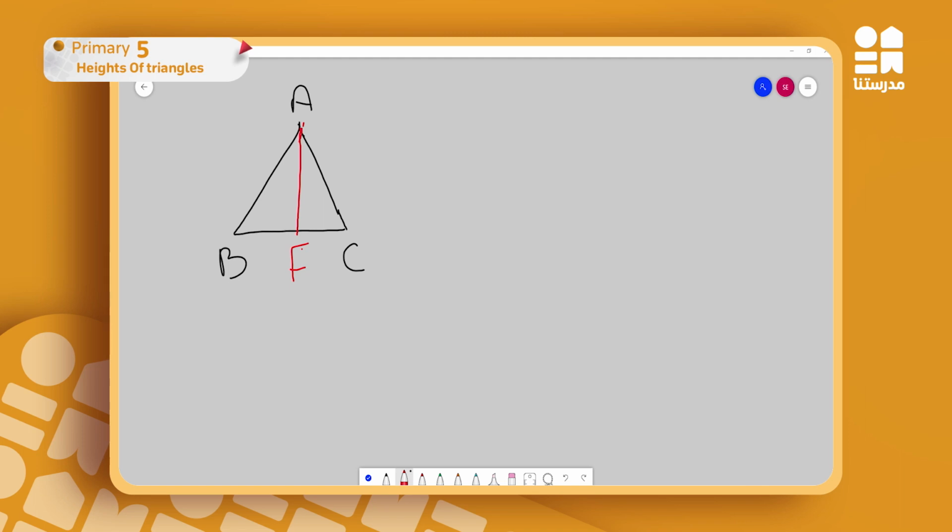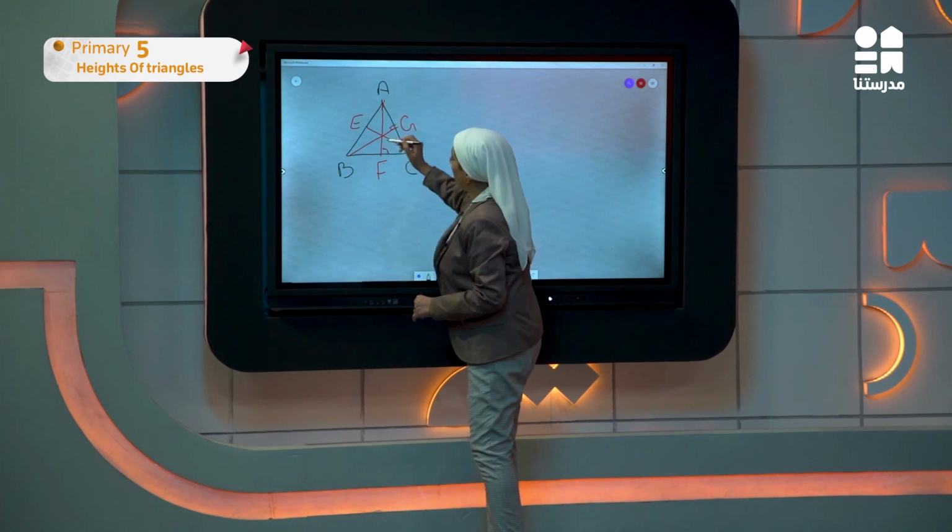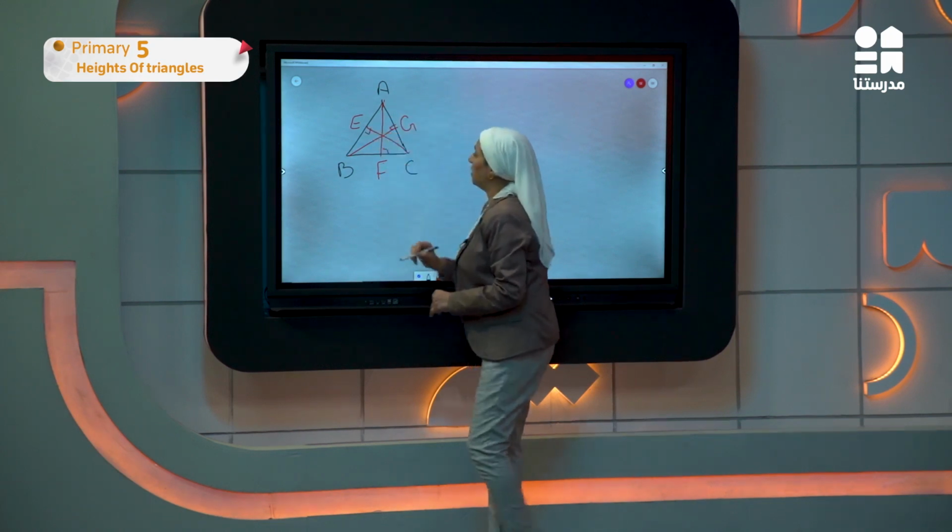an altitude from the point C on the opposite base, which is AB, let's say at the point E. Then I'll drop an altitude from the vertex B on the opposite base, which is AC, let's say at the point G. So now I have my 3 altitudes on the 3 opposite bases.